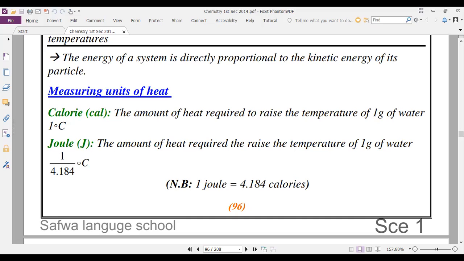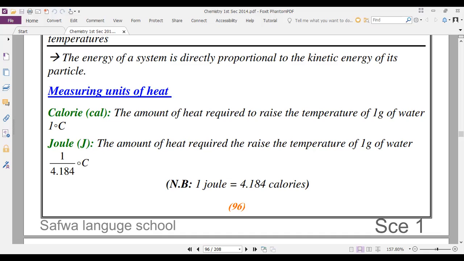So what's meant by joule? The amount of heat required to raise the temperature of 1 gram of water by 1 over 4.184 Celsius.